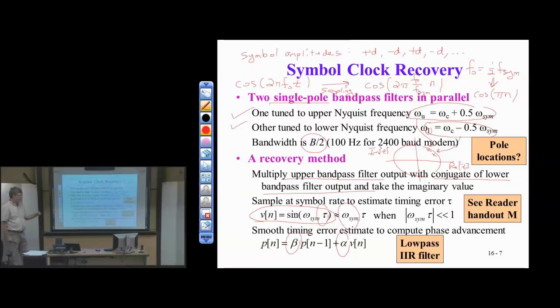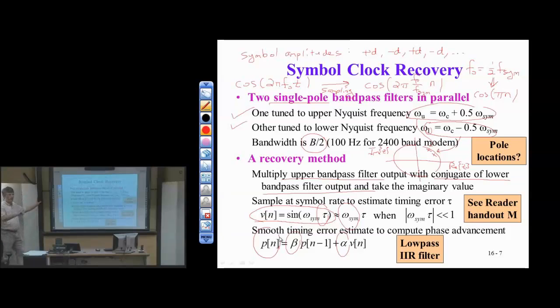These weights, alpha and beta, tell me which one I take more of. This is just a low pass IIR filter. Alpha and beta are real valued. This is a standard real valued first order IIR filter, one feedback term. The output of this smoothing filter is the timing error estimate to be used for the next symbol time.